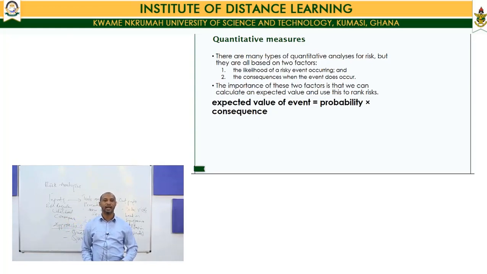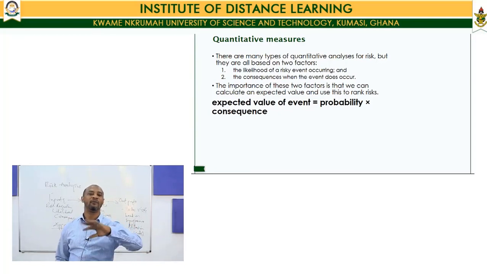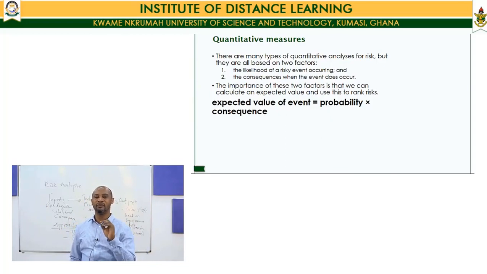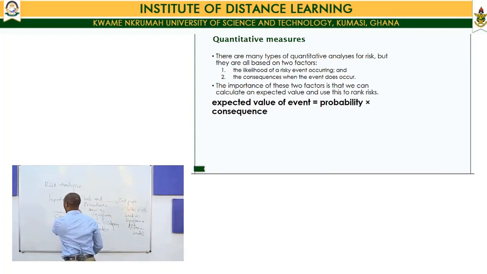And we say that there are many types of quantitative analysis of risk, but all of them are based on two factors: the likelihood of the risk event occurring and the consequence. And then at the end of the day, you are going to calculate the expected value of the event. I think the insurance companies do a little of this.